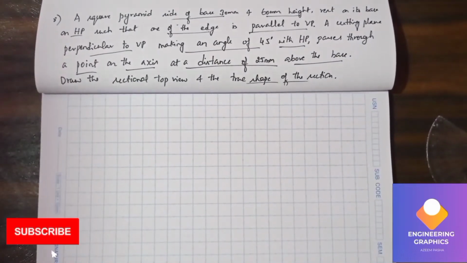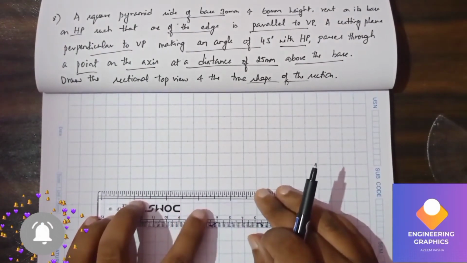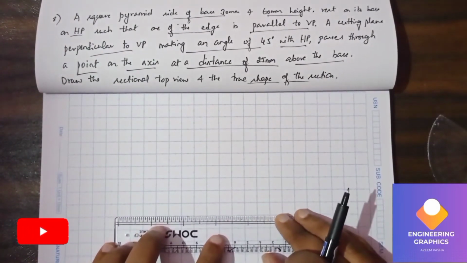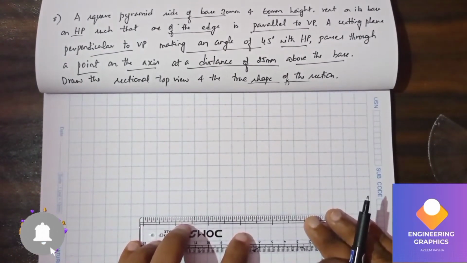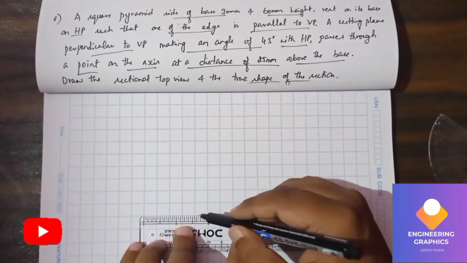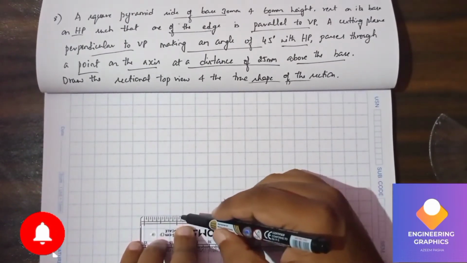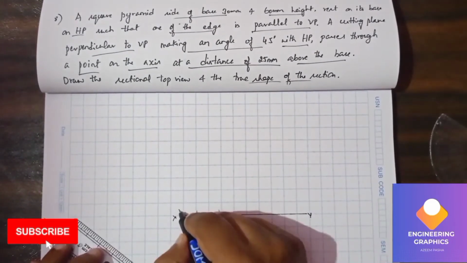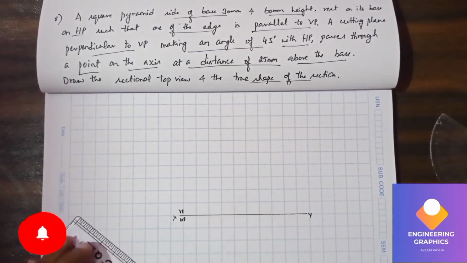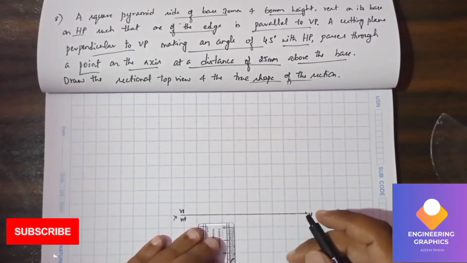So the problem here, it is very easy. See here, square pyramid of dimension 30.